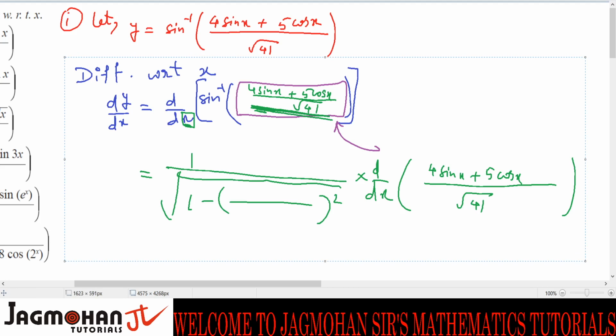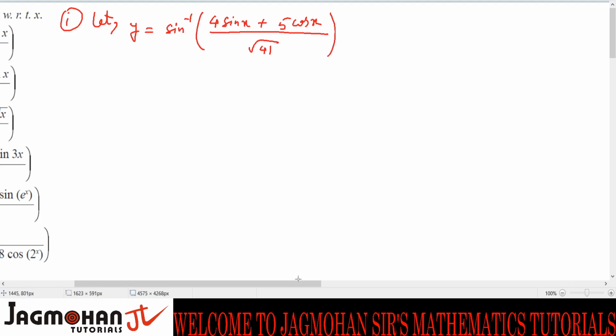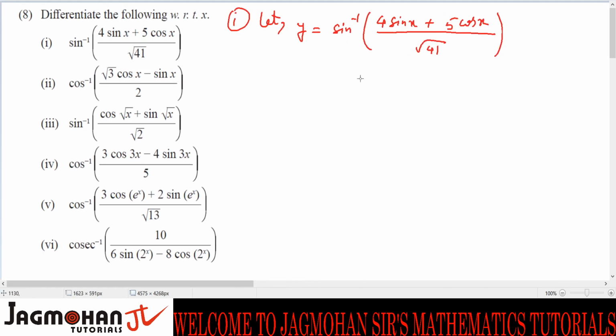So what I will do is first simplify this function so that I can differentiate it easily. I want to tell you something here. These problems, if you observe them closely, all fall into one single type. Look at the number which is multiplied with sin x.